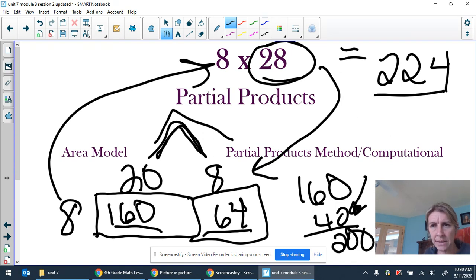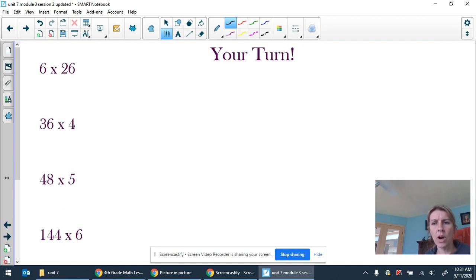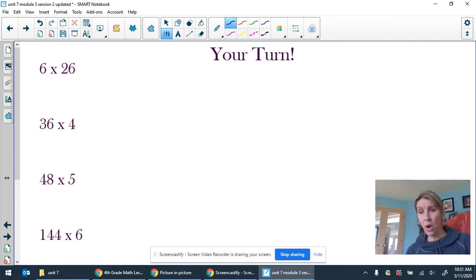So let's practice that a little bit more, and you guys can try these. Start with 6 times 26. Remember, you can pause the video. If you're trying this on a marker board or a sheet of paper, take a minute and use the area model or partial products to solve 6 times 26.